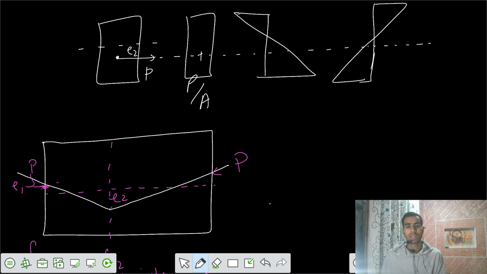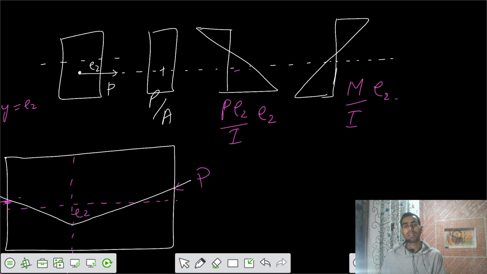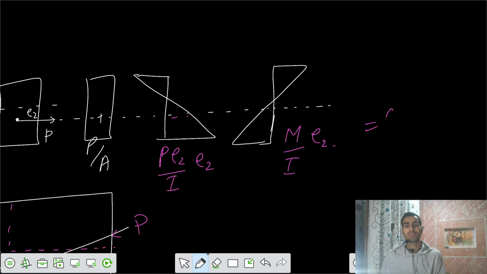This stress would be equal to P E2 divided by I, with one more E2. Similarly for the moment, My by I, M E2 y by I, where your value of y is equal to E2 for this case. I hope you are getting this, and accordingly this is your FC2.